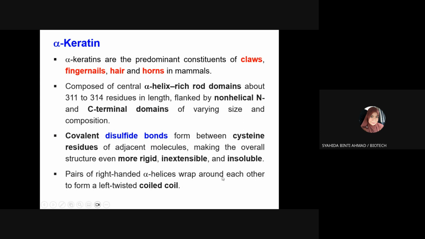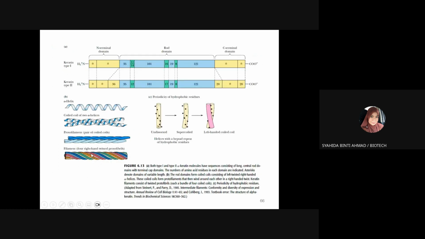So the pairs of right-handed alpha helix will wrap around each other to form a left-twisted coil. For example here, this is keratin type 1 and keratin type 2. You can see there is an N terminal, and the length will be different among different keratins. You can see the C terminal domain on the right hand side, and in the middle is the rod domain of the alpha helix.